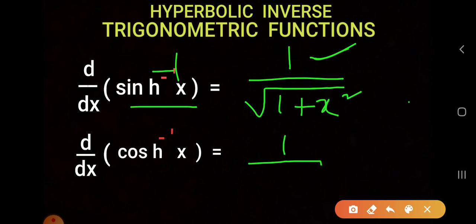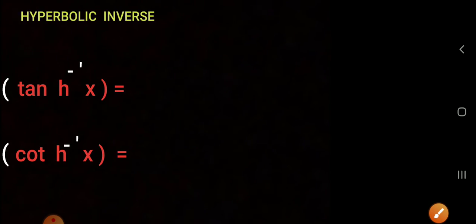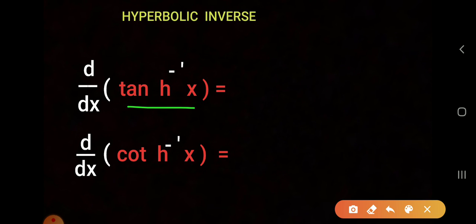The derivative of cos h inverse x has a small change: 1 by under root x square minus 1. This is 1 plus x square, and this is x square minus 1. The next one, the derivative of tan h inverse x: tan and cot, whether inverse or hyperbolic inverse, don't have a root.